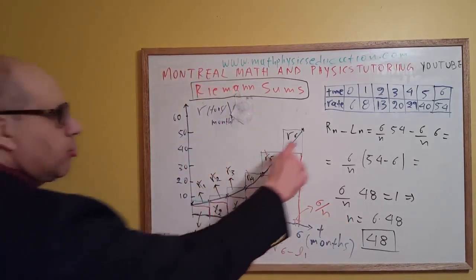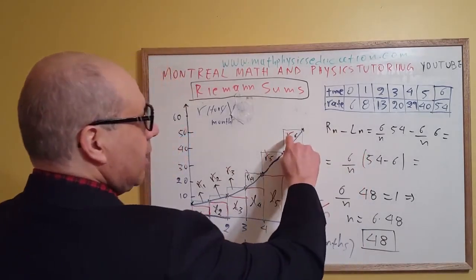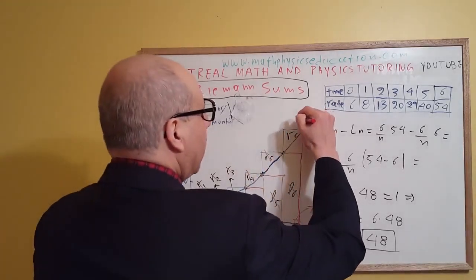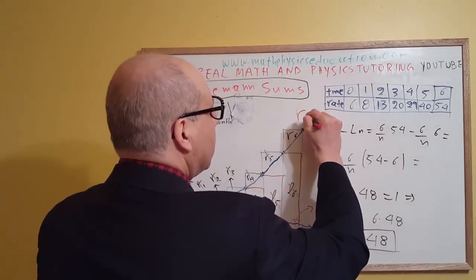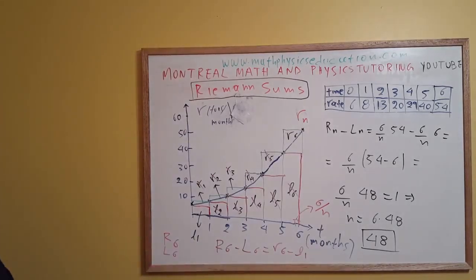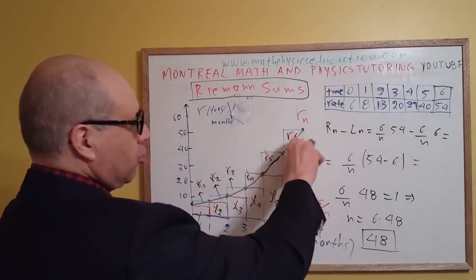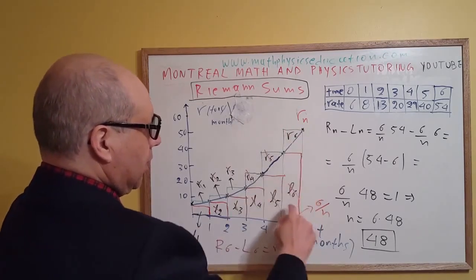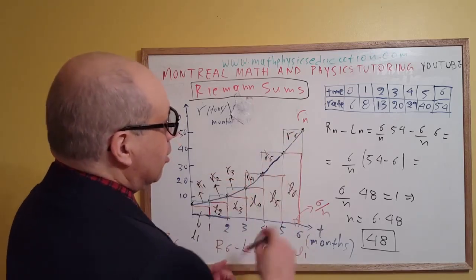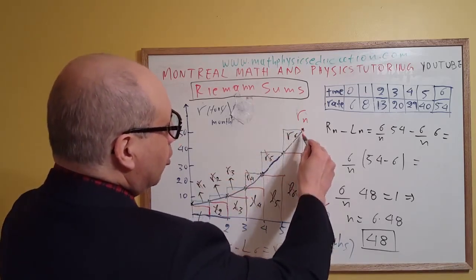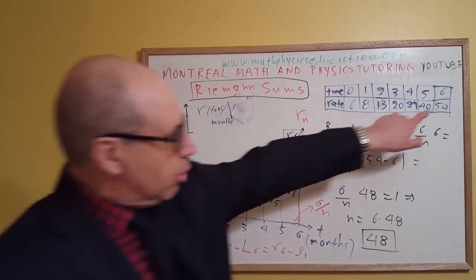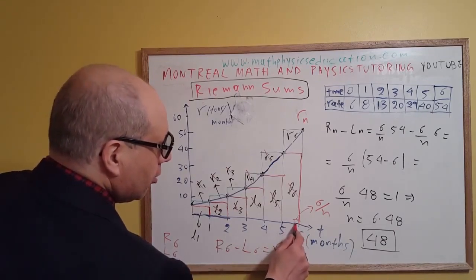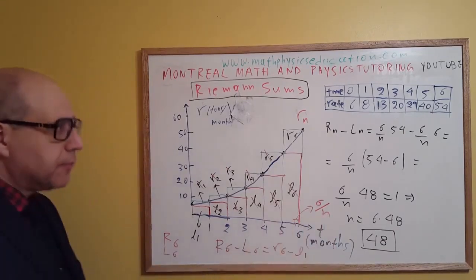So that means, coming back to this point, that the last one, Rn, will be equal to how much? Because this is a rectangle, the area of this rectangle will be length times width. The length will be equal to all of these, which is 54, and the width is 6 over n.